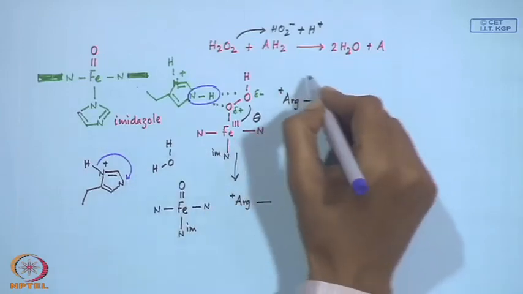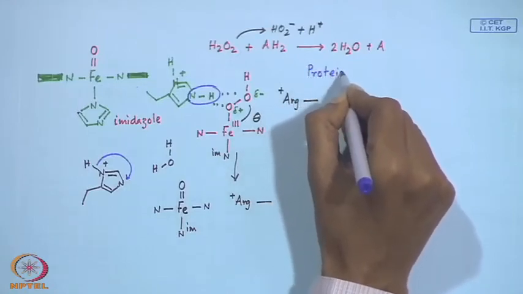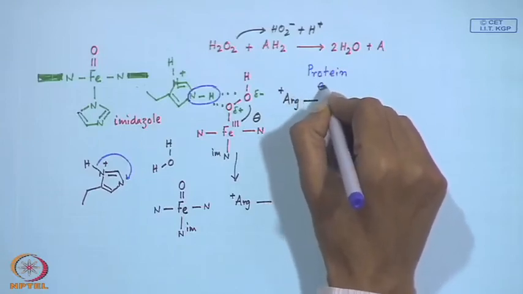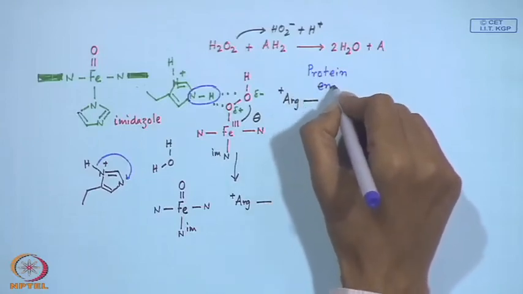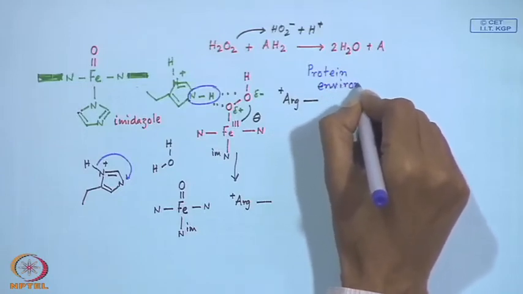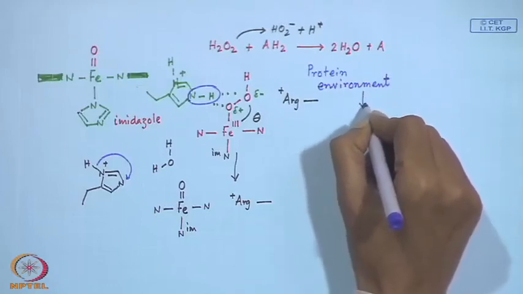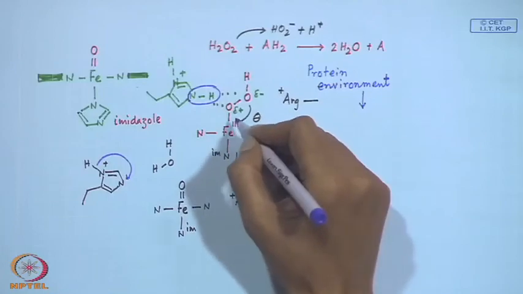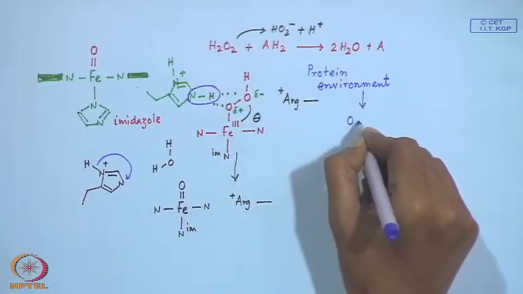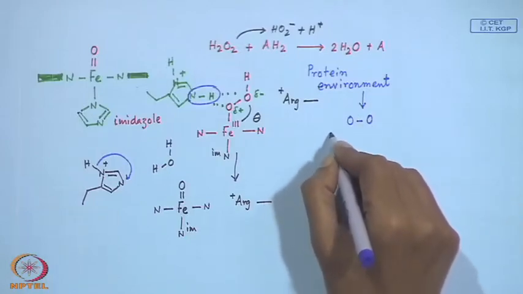How the protein environment plays an important role, that is known from here. So, this protein environment basically controls the typical arrangement of this O2H unit, and which can also control the OO heterolytic cleavage.